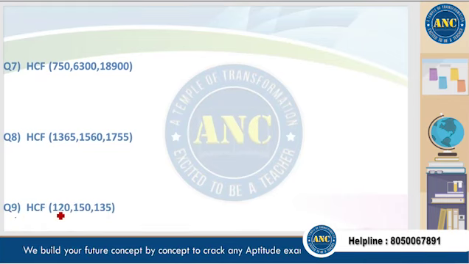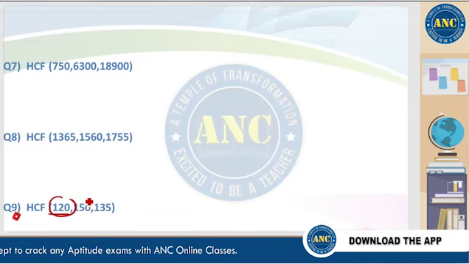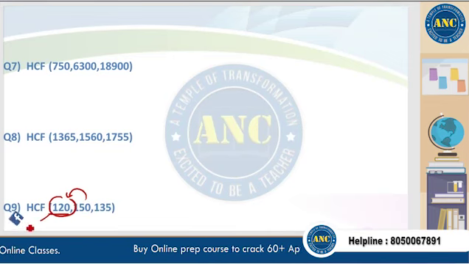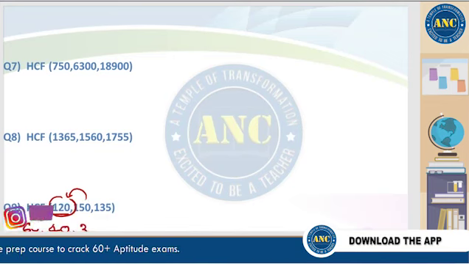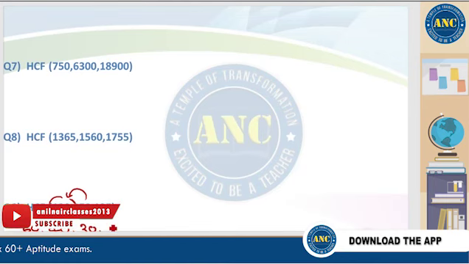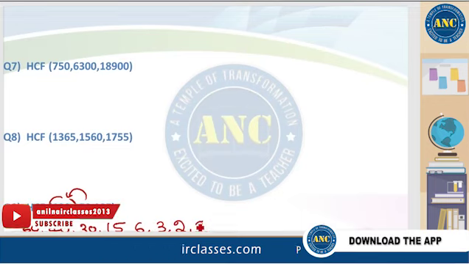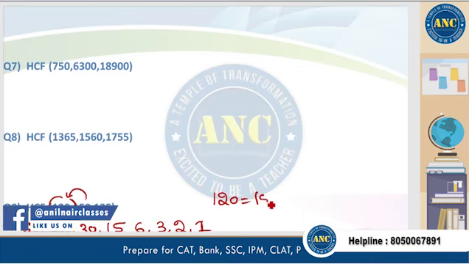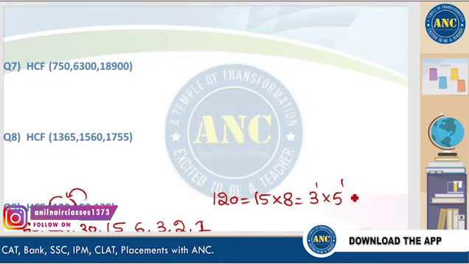HCF of 120, 150, 135. The lowest number is 120. Is 150 divisible by 120? No. What are the next factors? A few factors: 60 is one factor, 40, 30, 15, 6, 3, 2, and 1 are other factors. 120 is 15 into 8, so 3 into 5 into 2 cube.